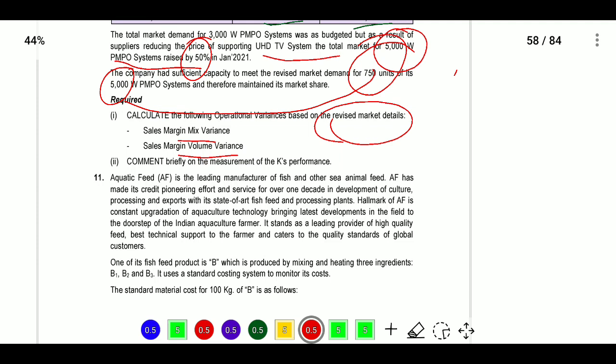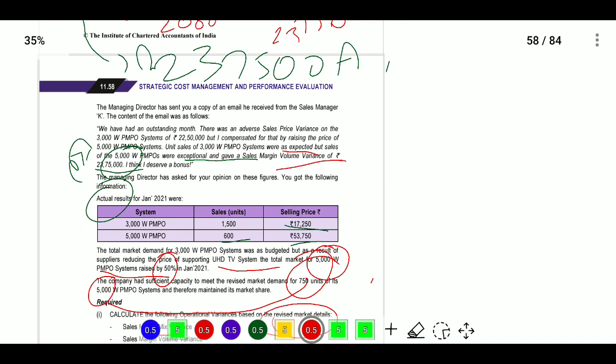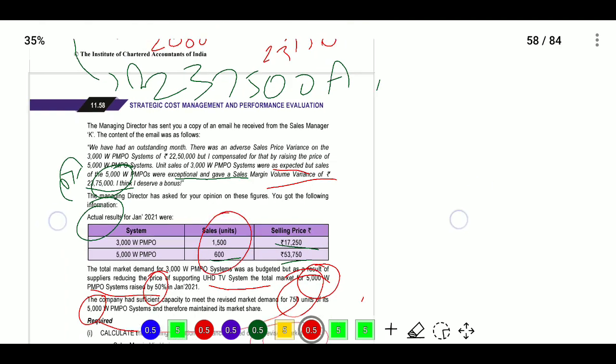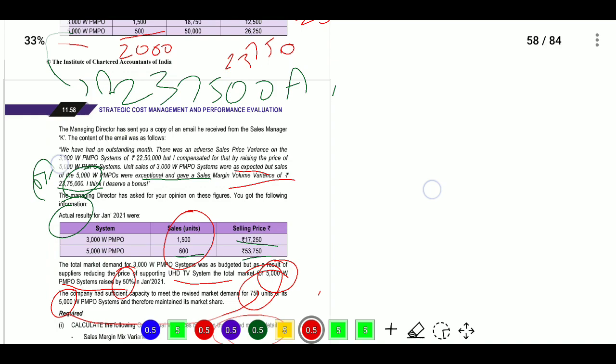For the margin mix variance, we take the actual quantity minus the revised quantity, multiplied by the standard margin we have already calculated, that is 6250 and 23,750. The actual quantity will be 1500 and 600, and we require the revised actual quantity. 1500 and 600 will be 2100.